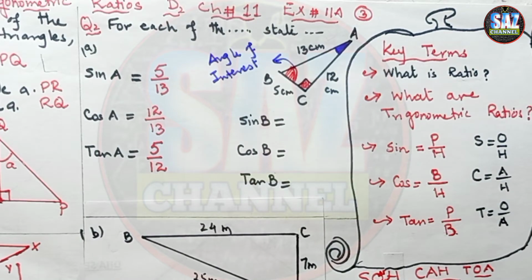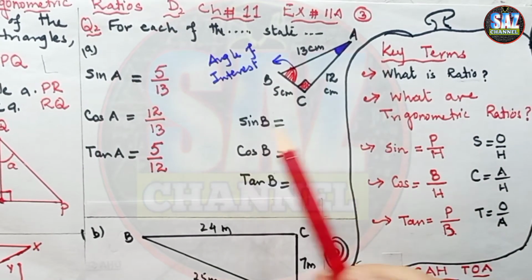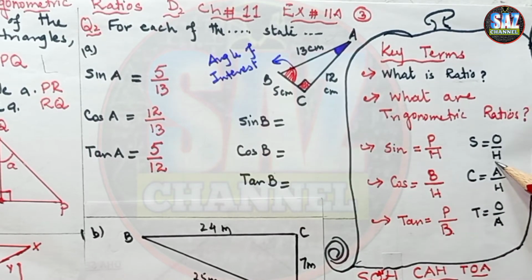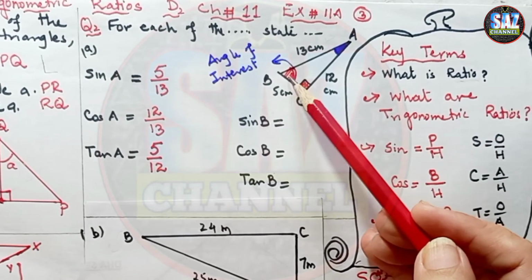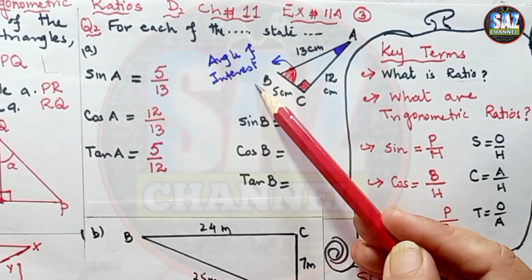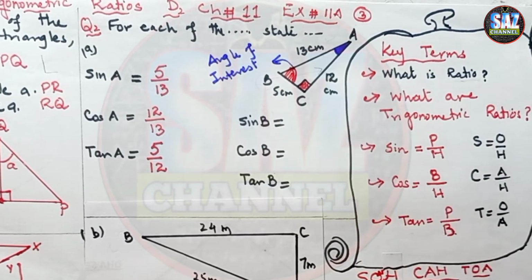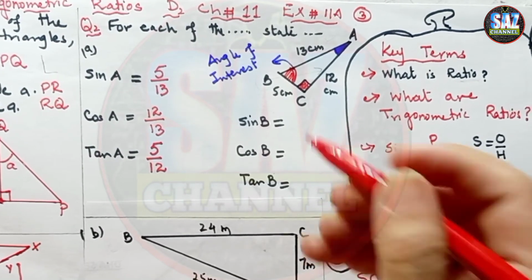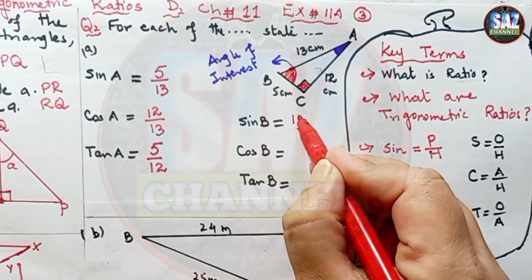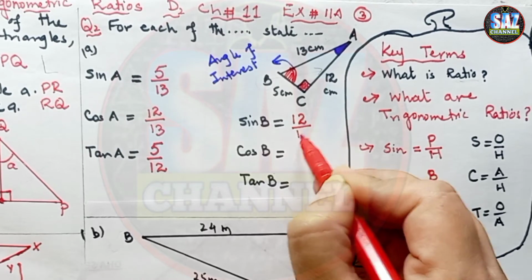The formula will remain the same: sine is the ratio of opposite and hypotenuse. With the reference of angle B, look what will be the opposite. Now opposite will be 12 and hypotenuse will remain the same. This is 12 by 13.